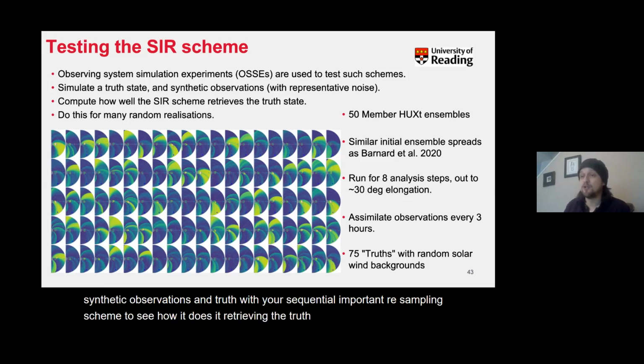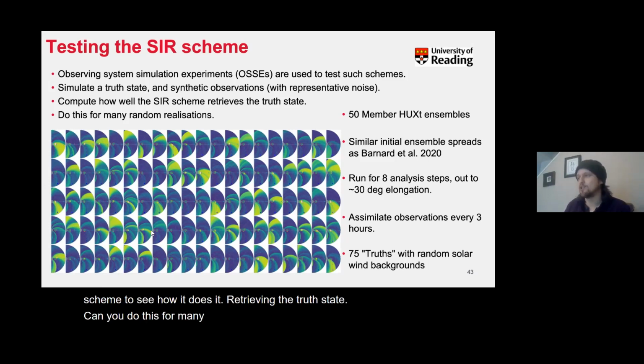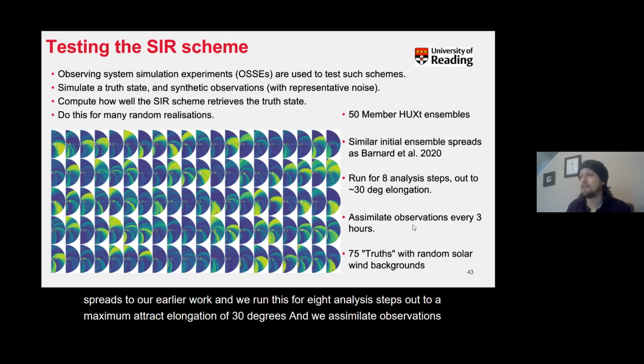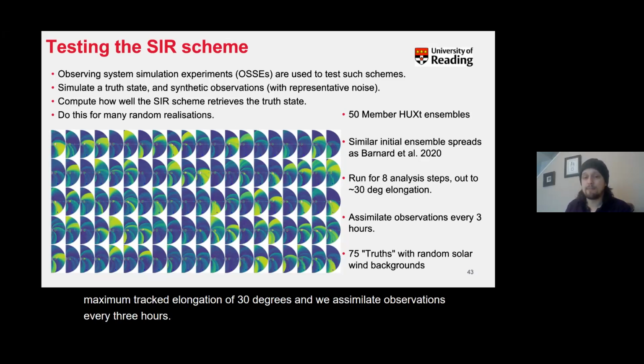You do this for many different random realizations. We've used 50-member HUXt ensembles with similar ensemble spreads to our earlier work. We run this for 8 analysis steps out to a maximum tracked elongation of 30 degrees, and we assimilate observations every 3 hours. We did this for 75 different backgrounds.